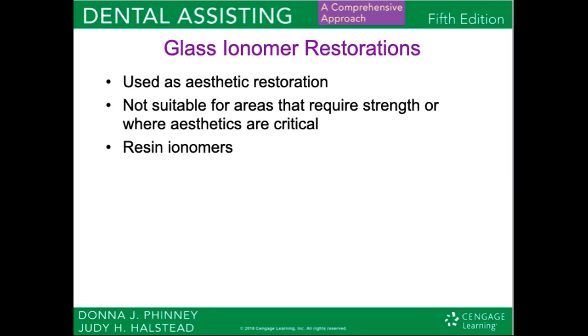One thing that's nice about it is it doesn't have to be bonded to a completely dry surface, as most composites traditionally do. Because of its ease of application and its fluoride releasing properties, it is often used with geriatric or elderly patients and pediatric patients, which are children, where compliance to hygiene might not be the best.